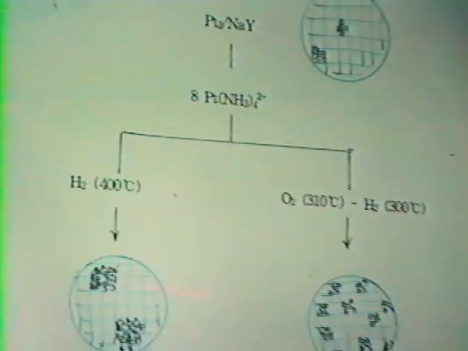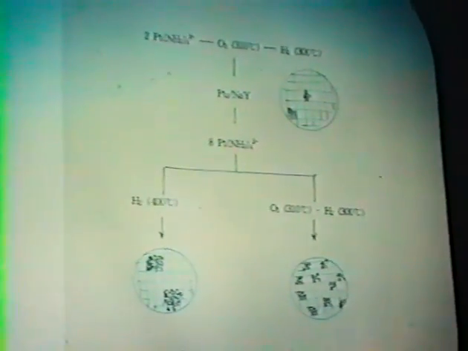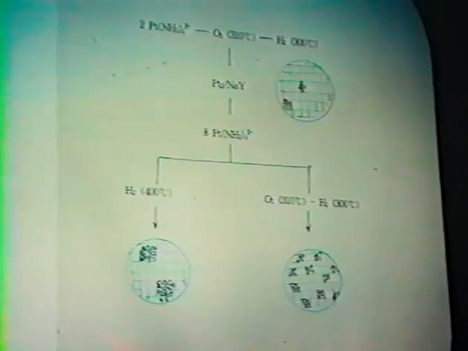There is a remarkable difference here. We saw this by transmission electron microscopy. You see a big increase in the particle size, and you don't see any increase in the particle size, and you see a big difference in the coordination number, and you see the difference in the chemical shift in xenon NMR. So we need to be careful in choosing. And this is the proper procedure to obtain bimetallic cluster.